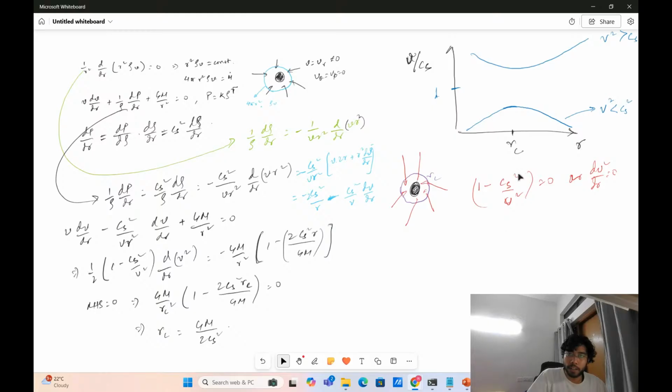Okay. Now look at the second condition. So 1 minus Cs square by V square equals 0 at RC. That just means that V square equals Cs square at RC, at the critical radius. So that means in this graph, V by Cs should be 1. So this graph should pass through this point, right?